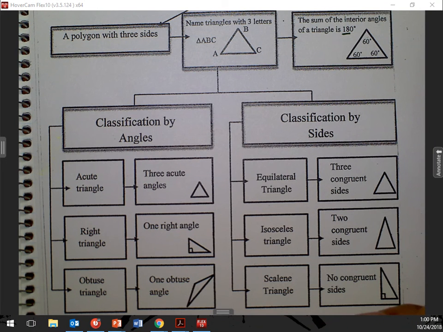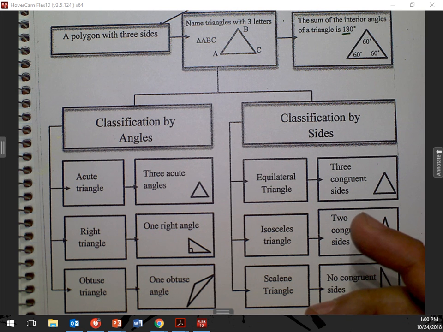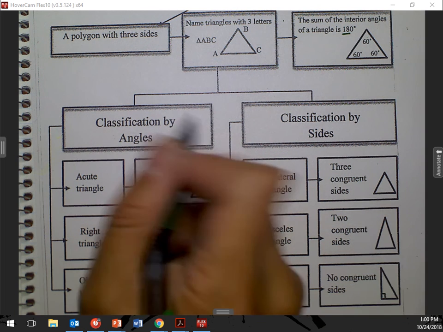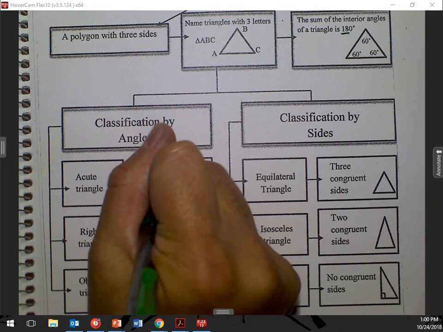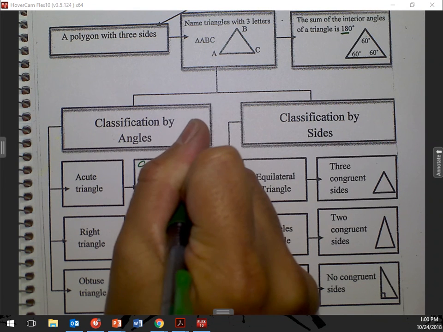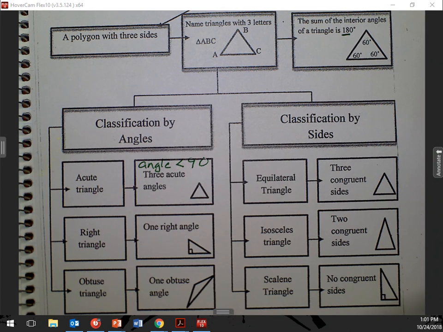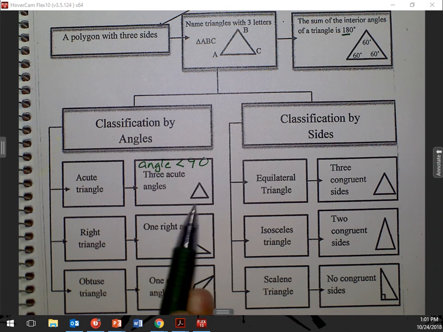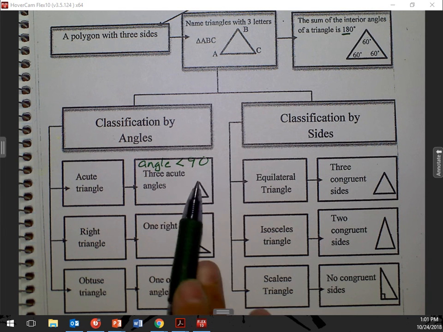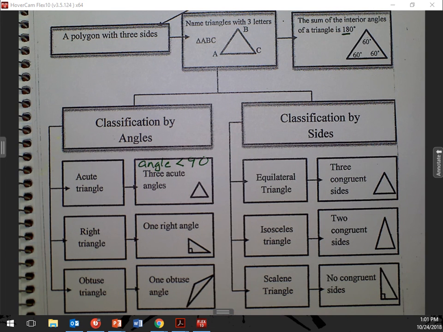At what point is it no longer considered tiny? Past 90. So it's angles that are less than 90 degrees. So all three of these angles have to be less than 90 degrees for it to be an acute triangle.